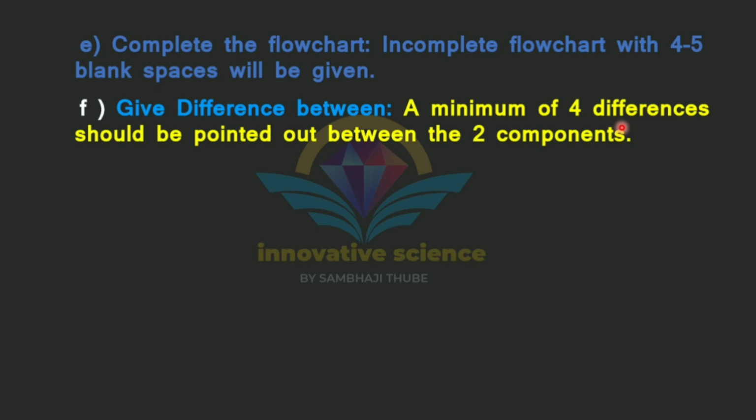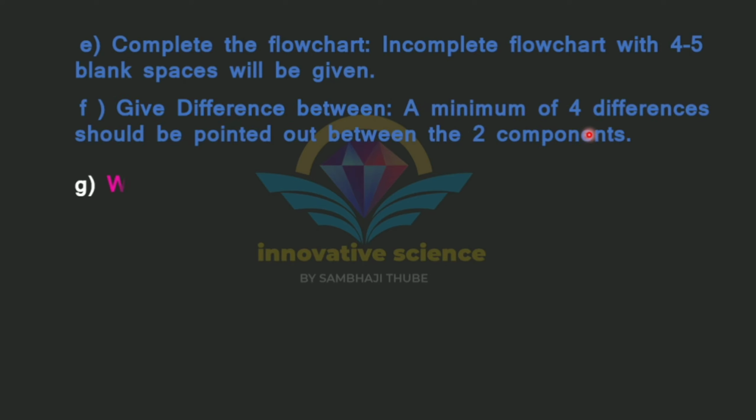You have to write differences in both columns. If you write characteristics or properties of only one component, then it is worthless. You will get 0 mark even though that property is correct.